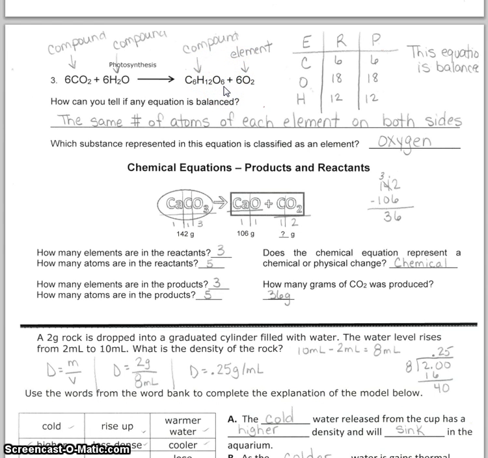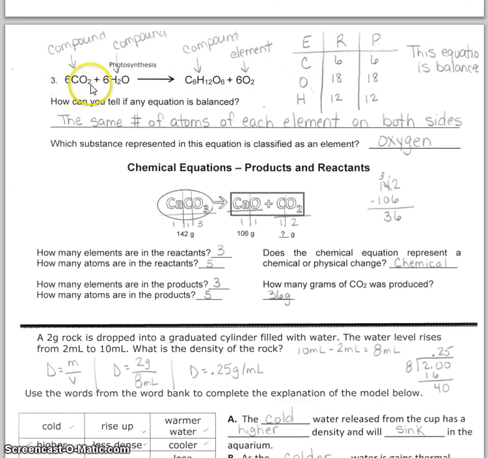And then to tell if the equation is balanced or unbalanced, we have to know the number of atoms of each element. So I did a little ERP chart up here so that we could determine if the equation in fact was balanced. We only have 3 elements in this equation: carbon, oxygen, and hydrogen. The coefficient here tells me that there are 6 carbons on the reactant side.